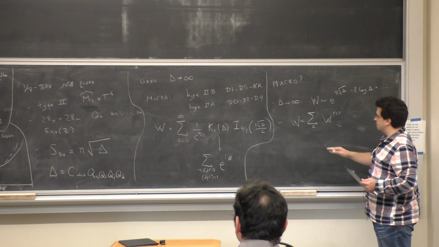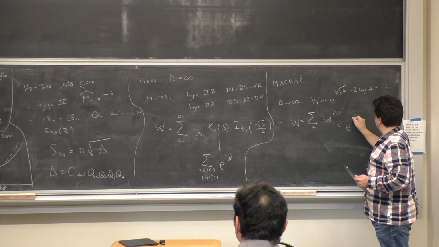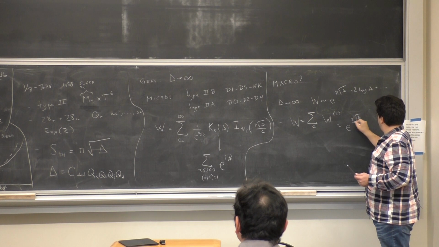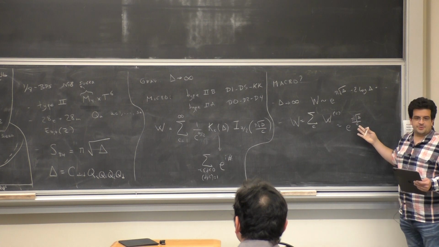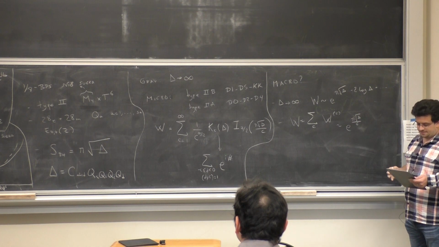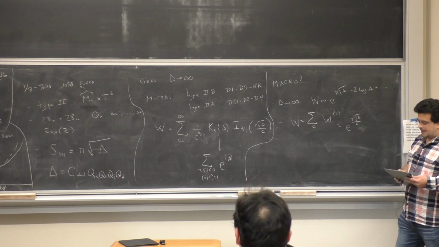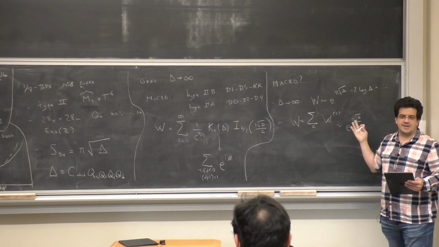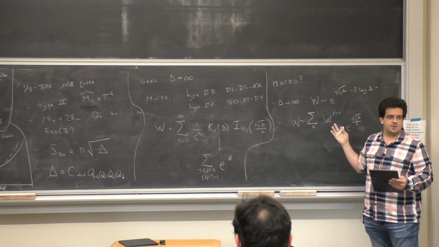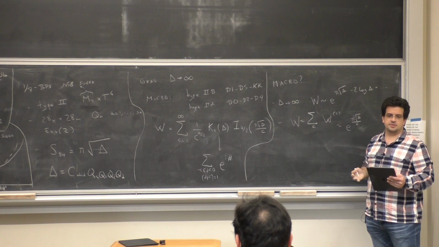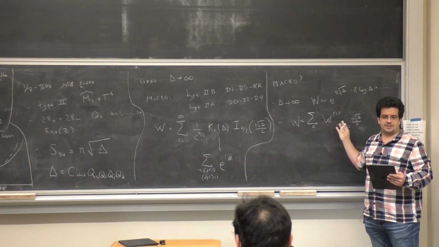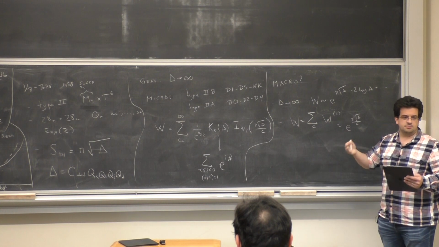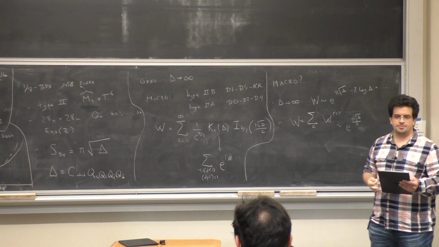And this WC, if you expand it at large deltas, it will behave in this way. So it's the same entropy as before, down by a factor of c. And what this indicates is that it's very natural to expect this contribution to come from an orbifold, because it's the same as the black hole, but this 1 over c you can interpret as a volume. Just the volume of the space-time is smaller.